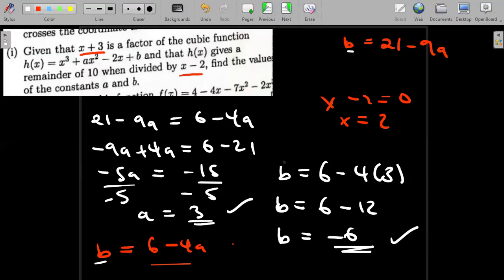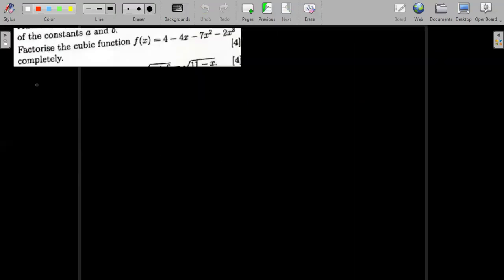Next, we have this question here. It should be the last question that we are looking at, and it says factorize this cubic function. To factorize this cubic function, what we must remember is the factor theorem.